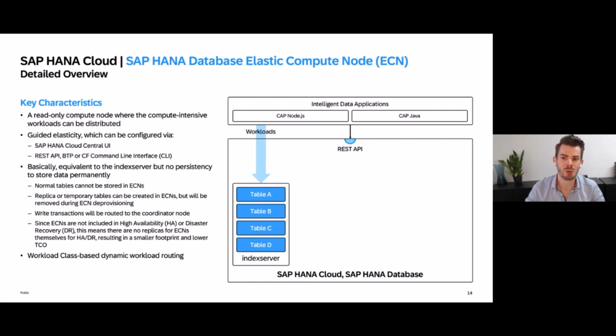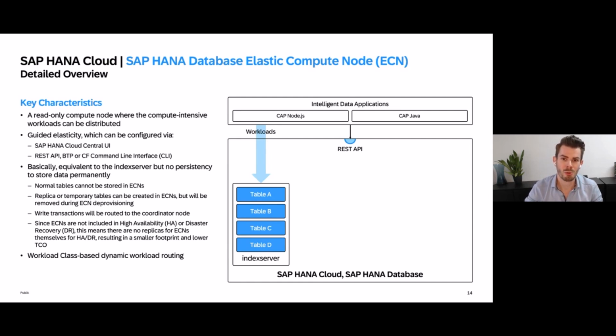And basically, it gives you the possibility to make use of very equivalent index server features, but without a persistency being given. So it means you are not able to create normal tables within these Elastic Compute Nodes, but you make use of temporary tables. You can replicate data into Elastic Compute Nodes to make the query performance faster, but this is always just temporary.